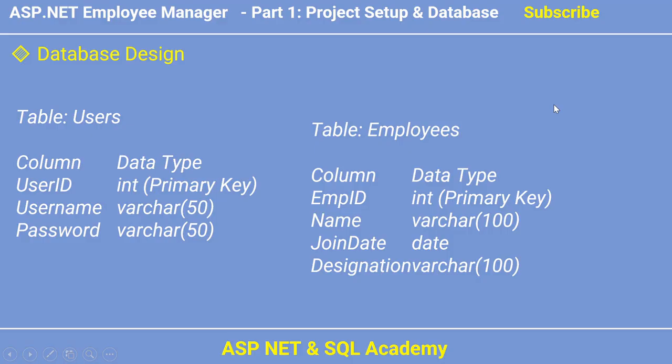We will need two tables, one for login authentication called users and one for employee records called employees. Each table has a primary key and fields appropriate for storing user and employee information.